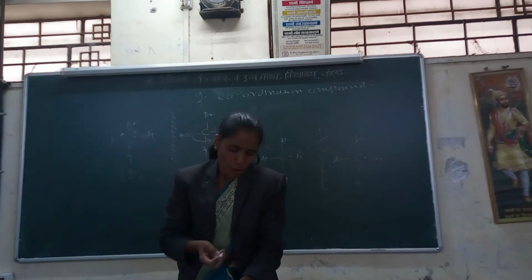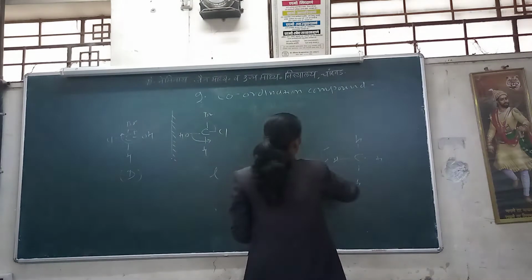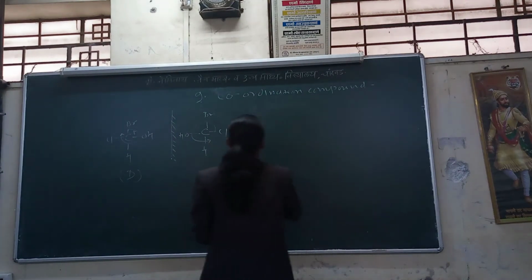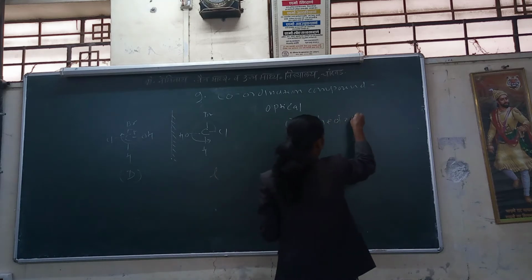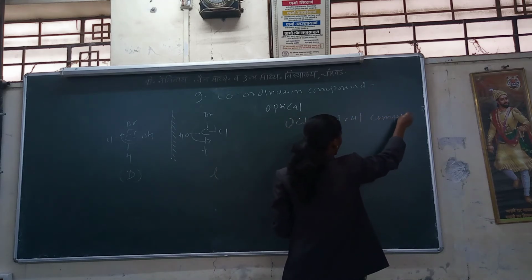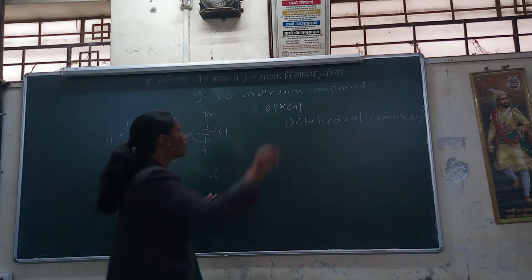Then optical isomers in octahedral complexes. Here is the first point of optical isomerism in octahedral complexes. Octahedral complexes means octahedral coordination compounds.